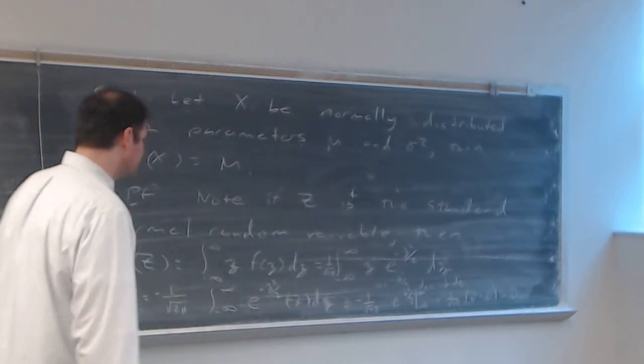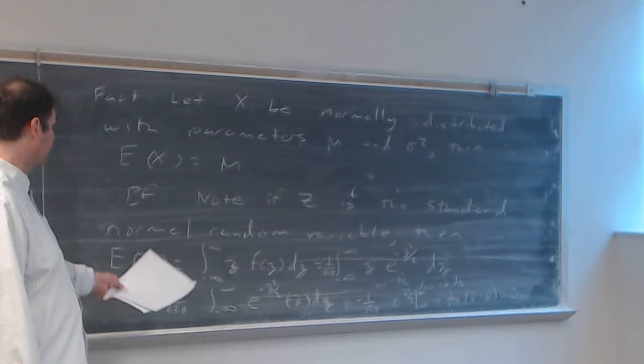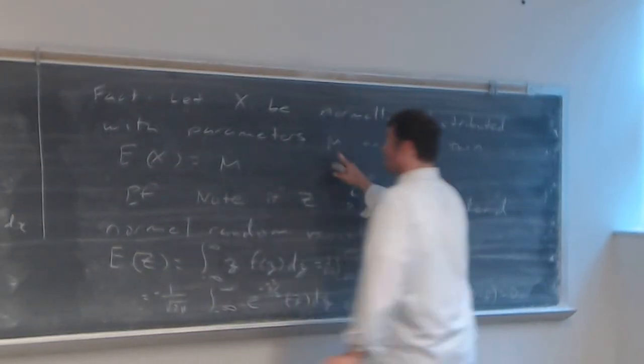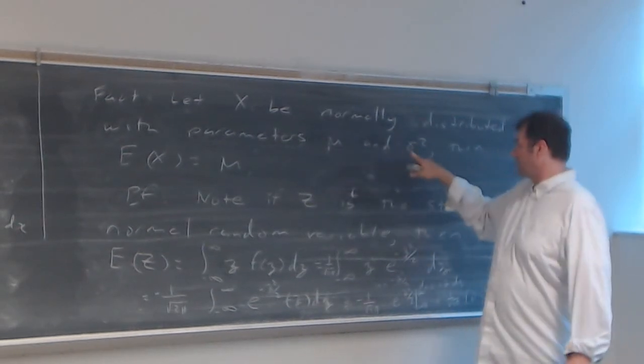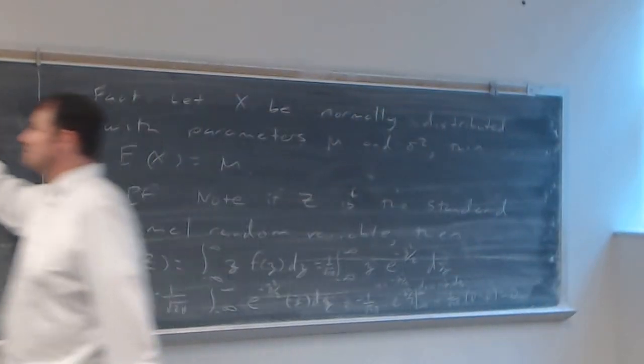Well, that's great. So we found the expected value of Z is equal to 0, which is what we hoped would happen, because Z is normally distributed with parameters 0 and 1, so its expected value better be 0, and it is.